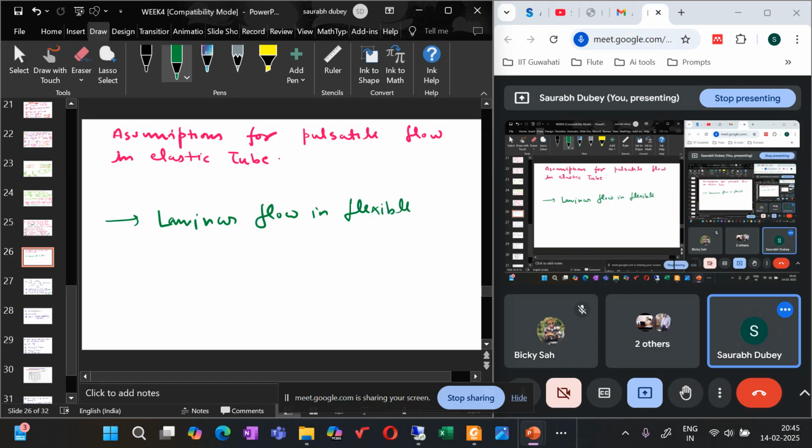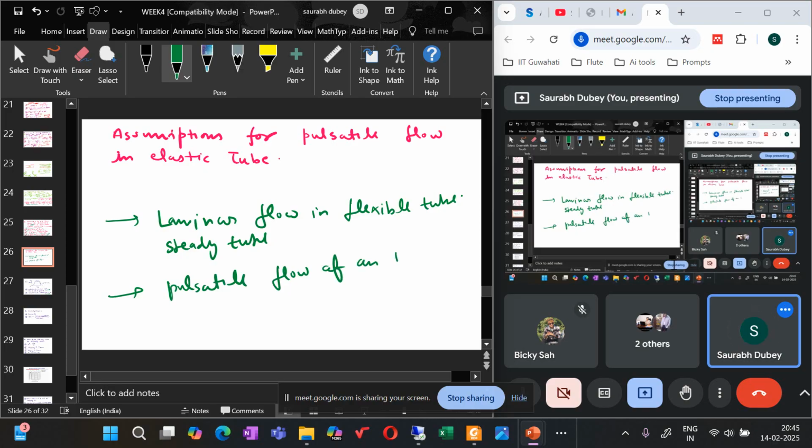Another question that we have solved is pulsatile flow of an inviscid fluid, where inviscid means mu is 0, there is no viscosity, in a flexible tube, where the pulse speed came into the picture.